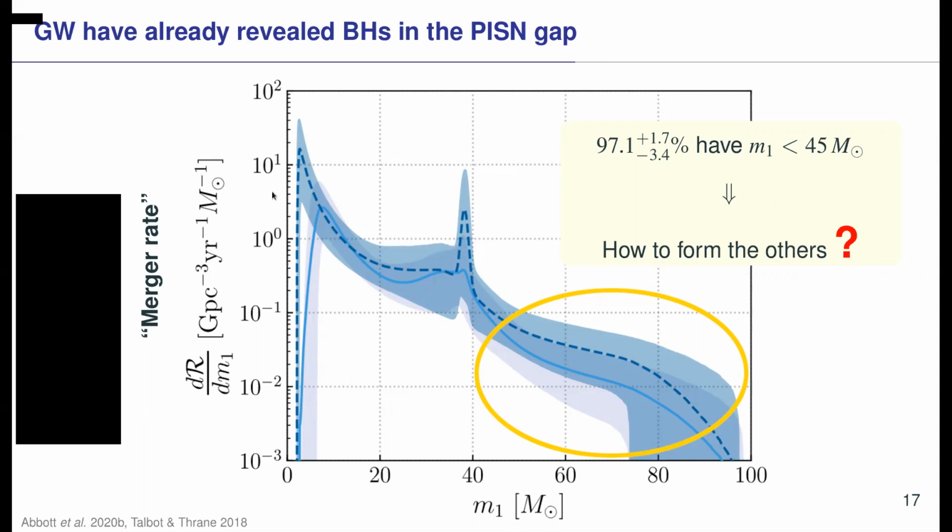So I think the dashed line includes it, and the solid line, this one, does not include that particular event. That's the difference between the two. I see. And then the shaded area is just like a 98% confidence interval. Okay, great.